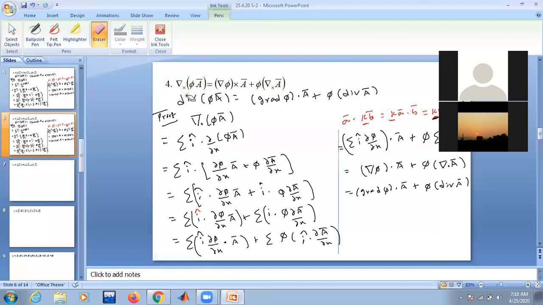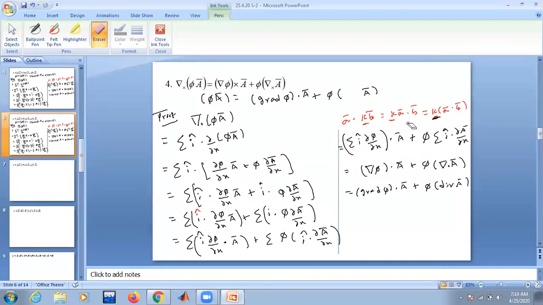So instead of del dot, which gives divergence, you now have the curl. Curl of phi a bar is grad phi cross a bar plus phi into curl a bar. Now take LHS and show RHS.